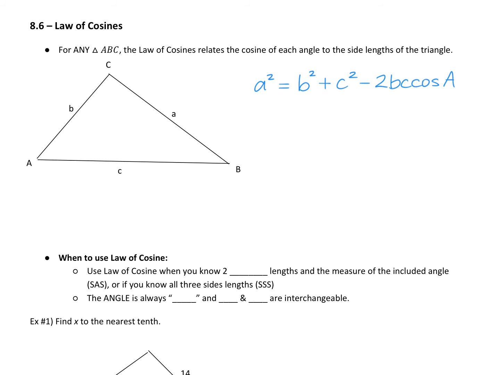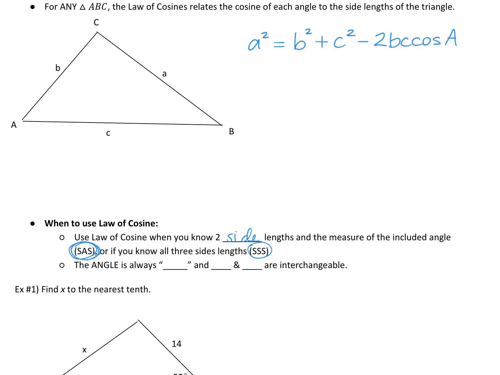But I just said find an angle and the side across from it with an angle and the side across from it, and you're good, okay? This one, you can use in two scenarios. Again, I wouldn't spend the time trying to memorize it. I just look at the setup and see, can I plug it into that formula? But if you want to go based on what things we know, if you know two side lengths and the measure of the included angle, so basically SAS, or if you know all three sides, SSS. Those are the two scenarios where you're going to use the law of cosines, okay?